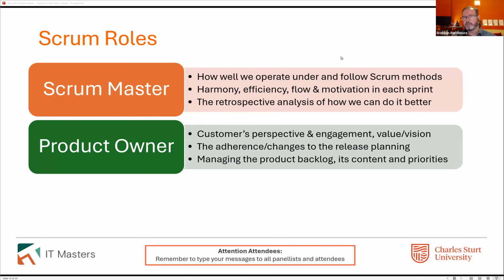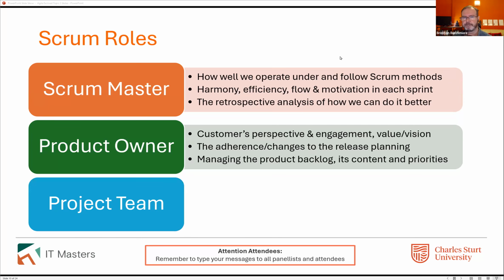Not so the product owner. The product owner is thinking about what's to come. Because at the end of this sprint, there's going to be a need to say, what do we do next? What's next sprint? That's where the product owner will step forward and say, well, this would be making the customer very happy if we got this stuff done. Not as an absolute decision, but as the customer's voice.